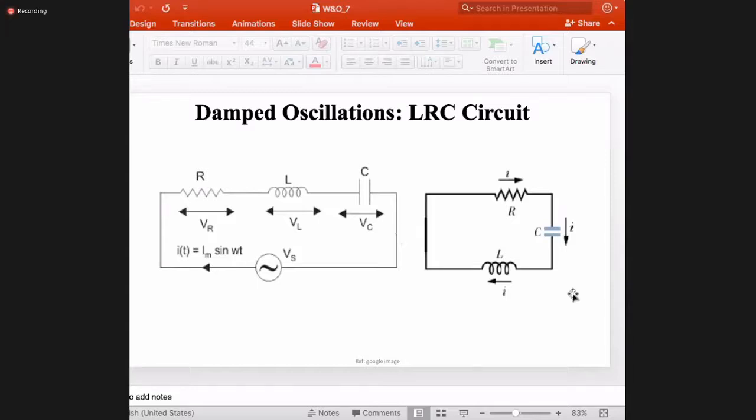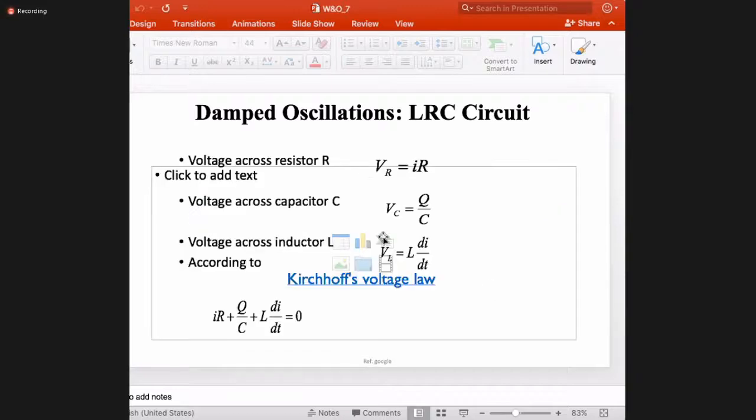If the current of this circuit is I, we can write the voltage across the resistance as V equals I into R. For the capacitor, V equals Q by C. And for the inductor, the voltage equals L di by dt.